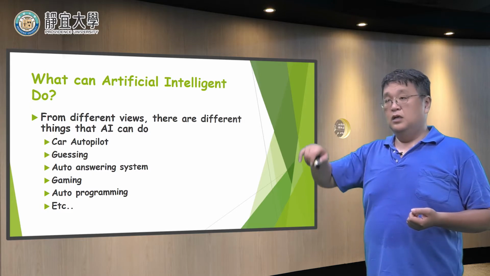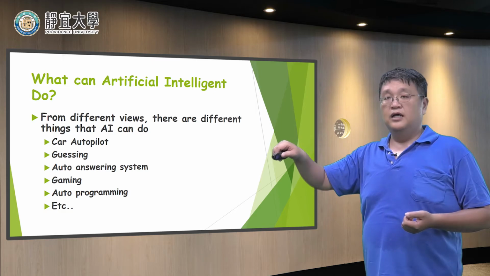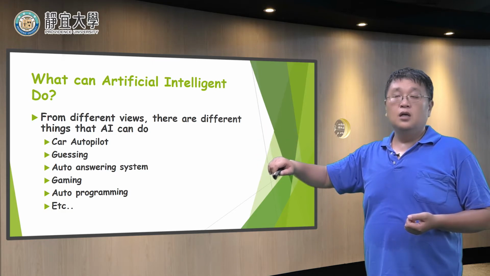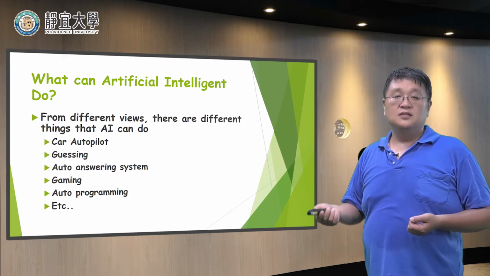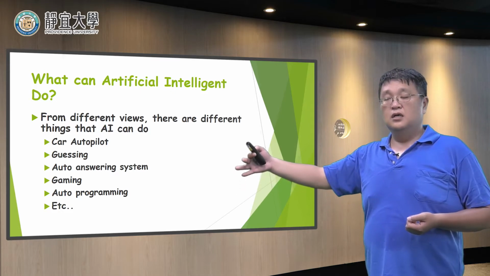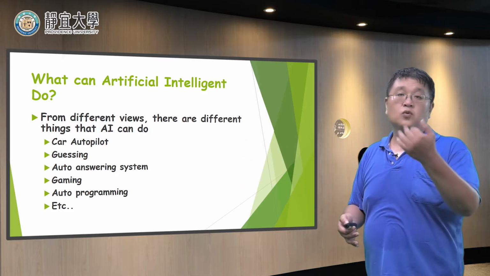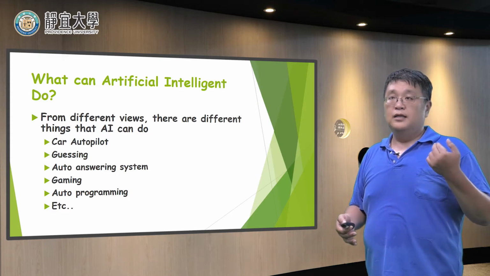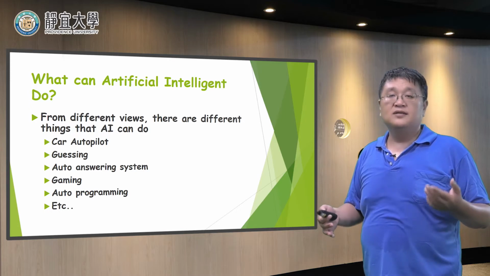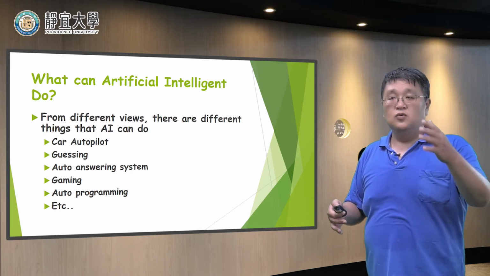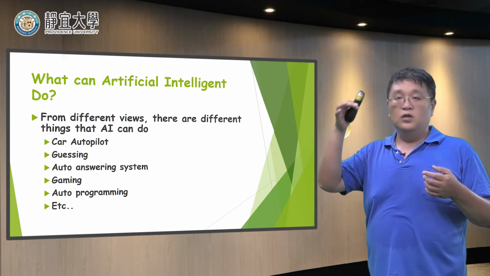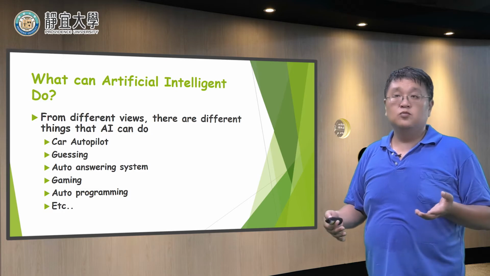Something like guessing: we draw something and let the computer guess. And something like auto answering. People may go to the library or the mall, or we lose the way. We have to ask somebody to guide us to the place we want to get to.